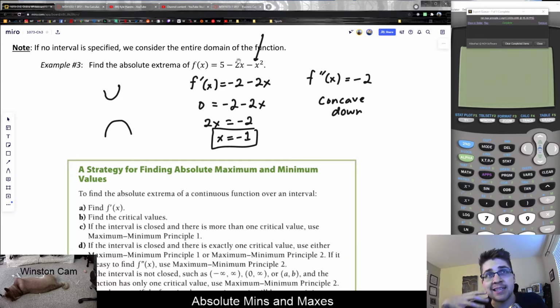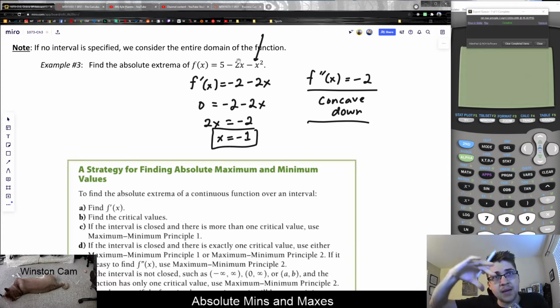This one's negative, meaning it's down facing, or concave down as we refer to it in calculus. But notice that the second derivative confirms this, that it's always negative regardless of x, as is a parabola. It's always facing down. It doesn't change back and forth like these other examples we've been working on in the last couple of weeks.